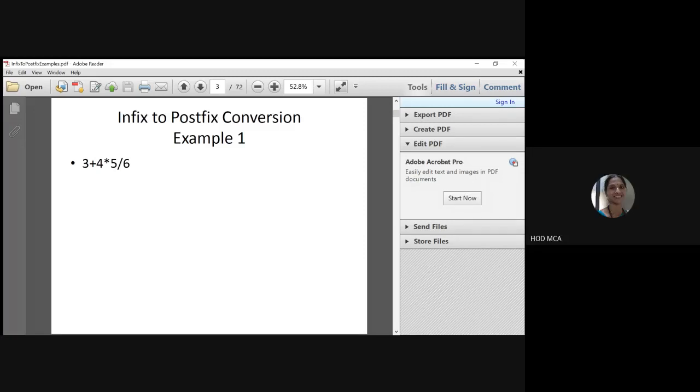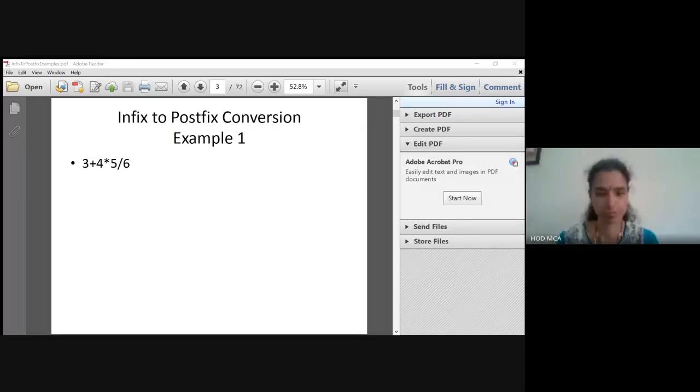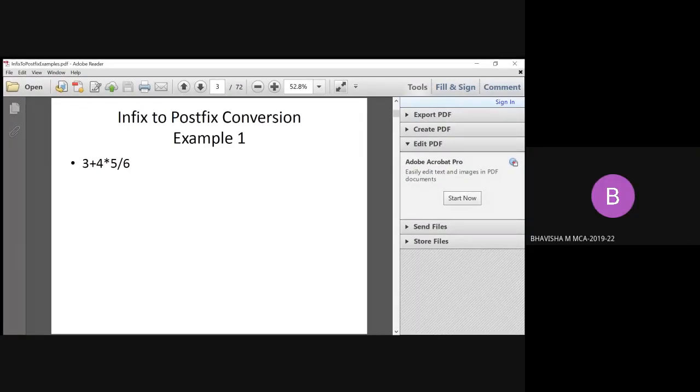Ma'am, 3, 4, 5 by 6 plus operator. 5 by 6 will not be possible, no? Ma'am, 3, 4 plus 5, 6 by. Yes, tell me. 3, 4 plus, 5, 6 divide by operator, then star operator.